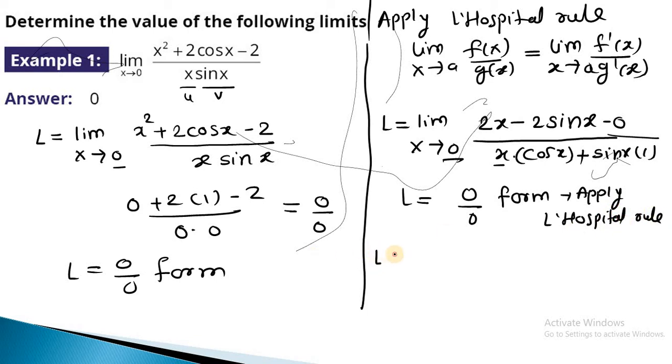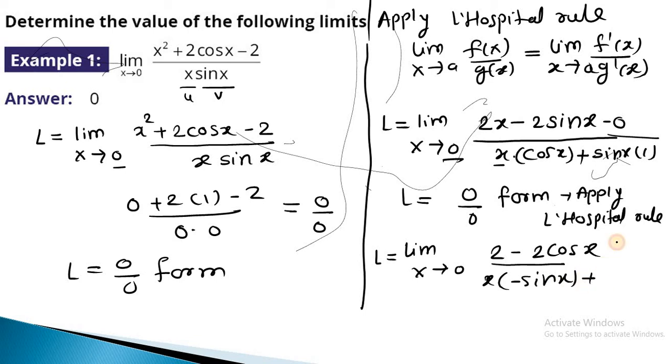So L is equal to limit as x tends to 0. Derivative of again this numerator. So 2x derivative is 2, minus 2 times cos x, divided by x into derivative of cos x, which is minus sin x, plus derivative of sin x, which is plus cos x. Okay. So now I substitute the limit x is 0.